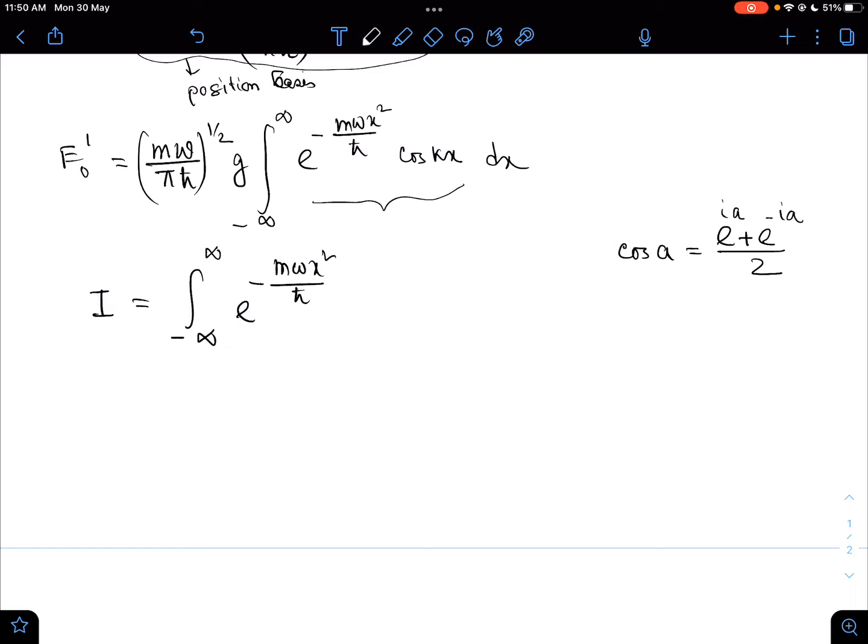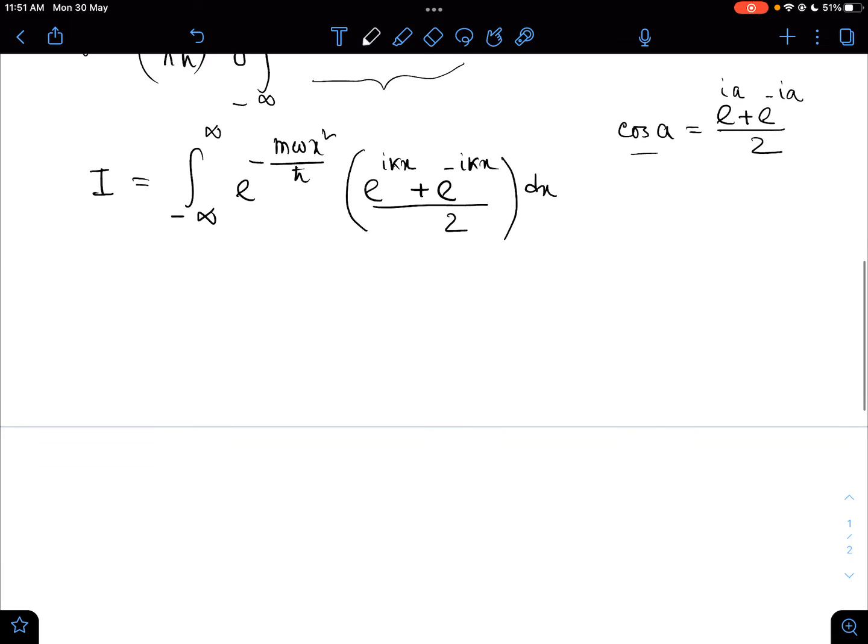So this is our cosine function in terms of exponentials. So cos kx can be written as e to the power ikx plus e to the power minus ikx by 2, dx. So we have a summation of two terms, and we can write this as half of I1 plus I2.